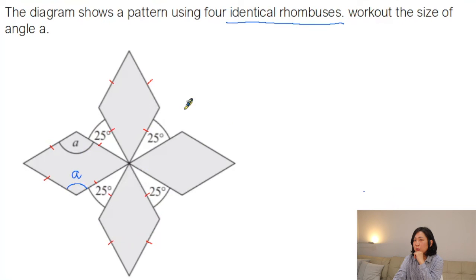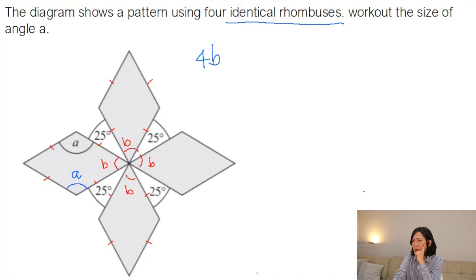Between the rhombuses, we know that that angle is 25. So think about it. I think we need to call the other angle of the rhombus B. Let's write down B inside the rhombus. Then did you notice the full turn?